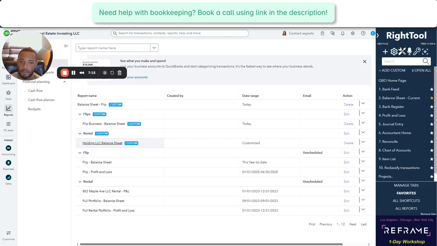I'm getting ahead of myself, but I did want to mention why a lot of rental businesses have multiple LLCs, entities that they have to keep track of. So generally, just want to summarize that someone that has multiple properties would generally have a holding LLC at the top level, and then below it will be multiple subsidiary LLCs, one for each property.